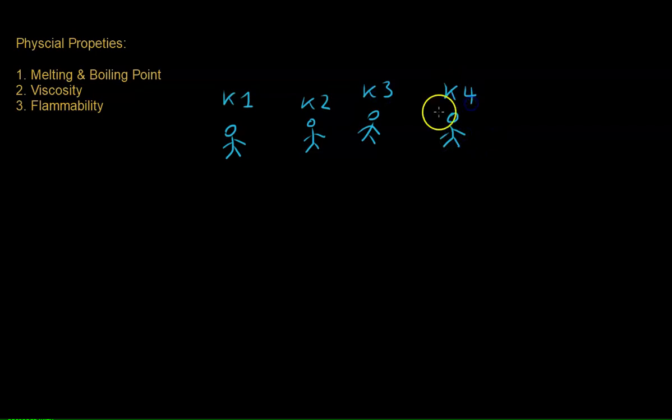Okay, for physical properties, we can use the Kardashians again, if it helps. So for example, there's maybe Kardashian 1, Kardashian 2, Kardashian 3, and Kardashian 4. Okay, so imagine that they each carry different numbers of carbon.